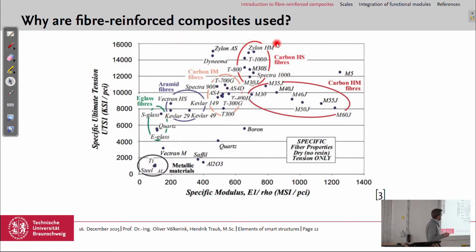Over here we have different types of carbon fiber: intermediate modulus carbon fiber, high strength carbon fibers, and high modulus carbon fibers. Here are aramid fibers, and here are glass fibers. So we really want to use these fibers to have a high performance material. But this is only the fiber properties without the matrix material.